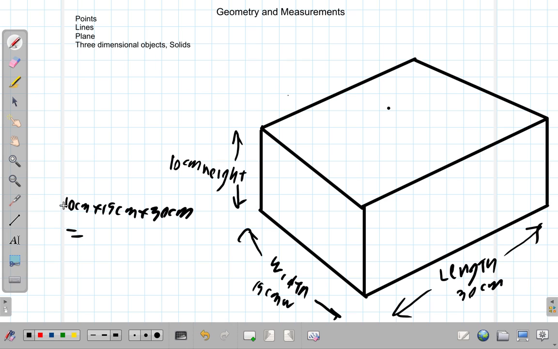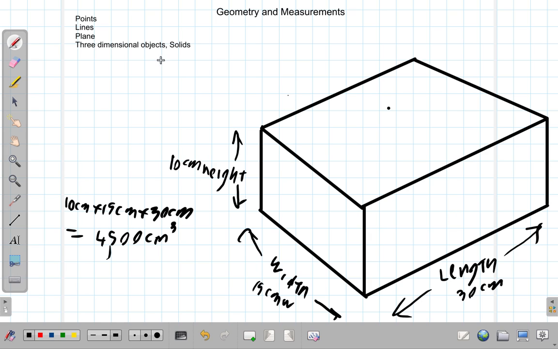That would be equal to what? 10 times 30, that's 300 times 15. 15 times 3 is 45, and then 100. 4,500 centimeters cubed would be the measurement that I get here. And this would be called the volume of our solid.